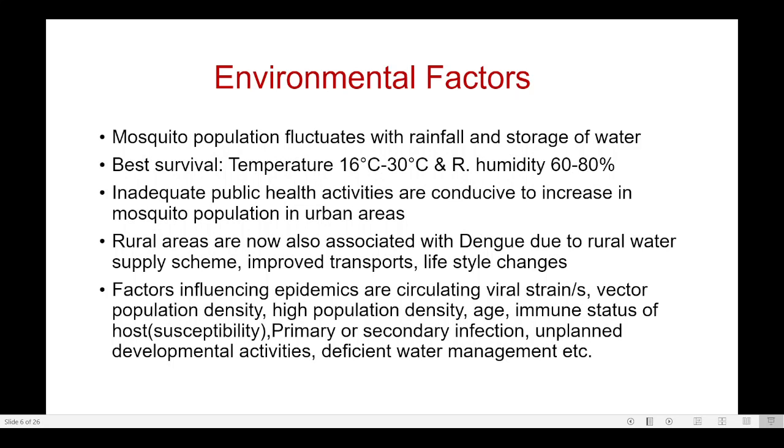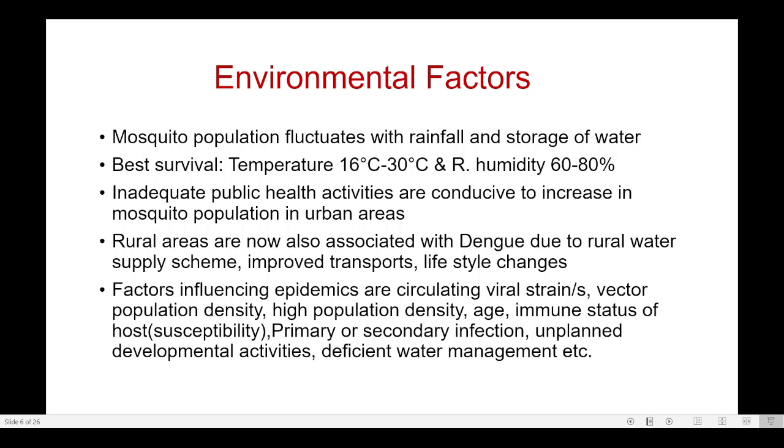So some factors that influence the occurrence of an epidemic are the circulating viral strain or number of strains circulating in the environment, density of the vector population, density of the human population, age of the patient, and immune status of the host, which depends on both genetic and pre-existing immune status that decides whether an individual is susceptible to dengue infection.